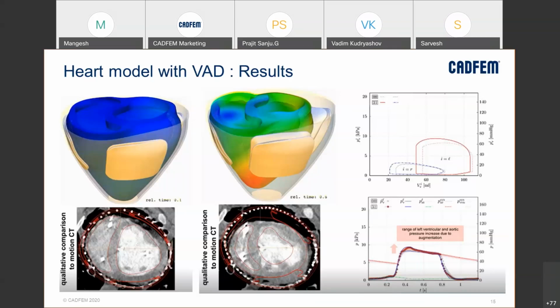So we are assuming that this heart is not able to compress to the expected level on its own, and this assisting device is helping it.